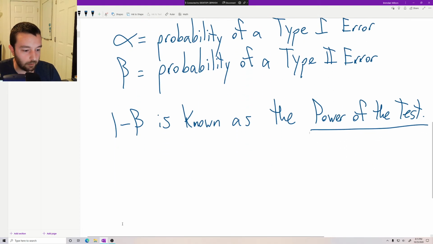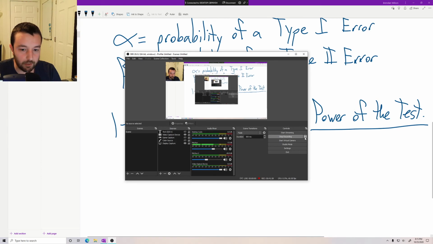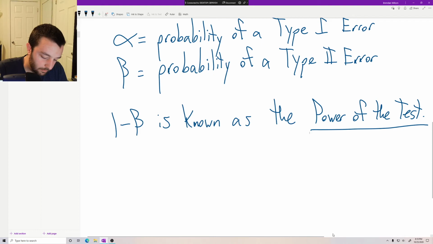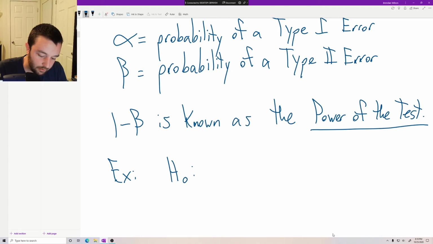There's a good example not in the book. I'm gonna find it really quick. Okay. So let's think of the null hypothesis as the person is guilty.